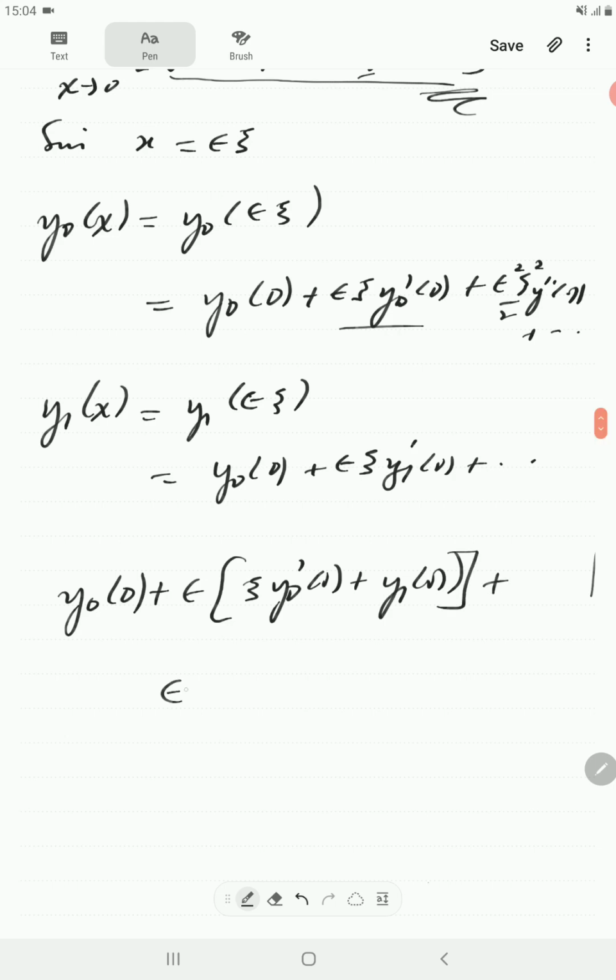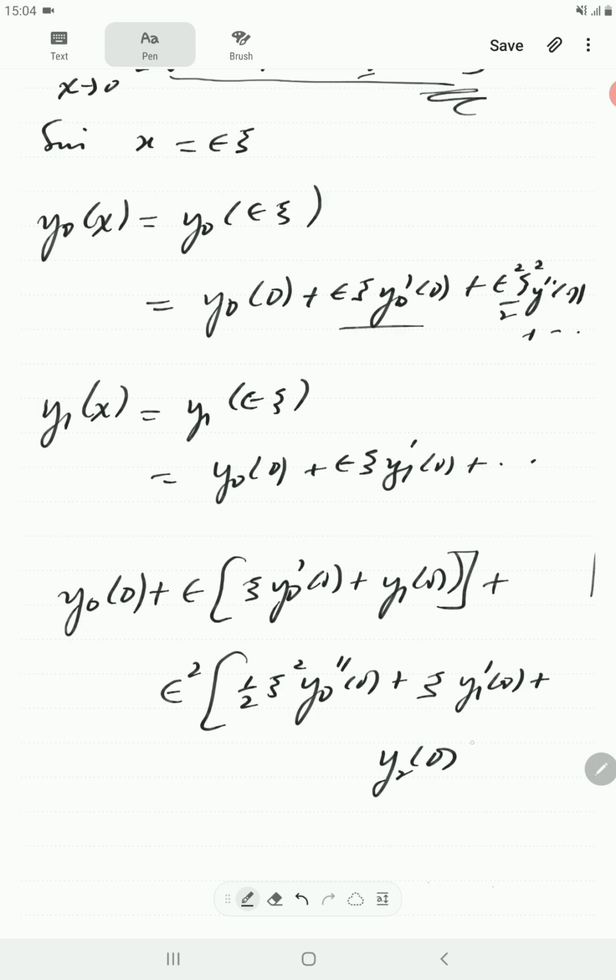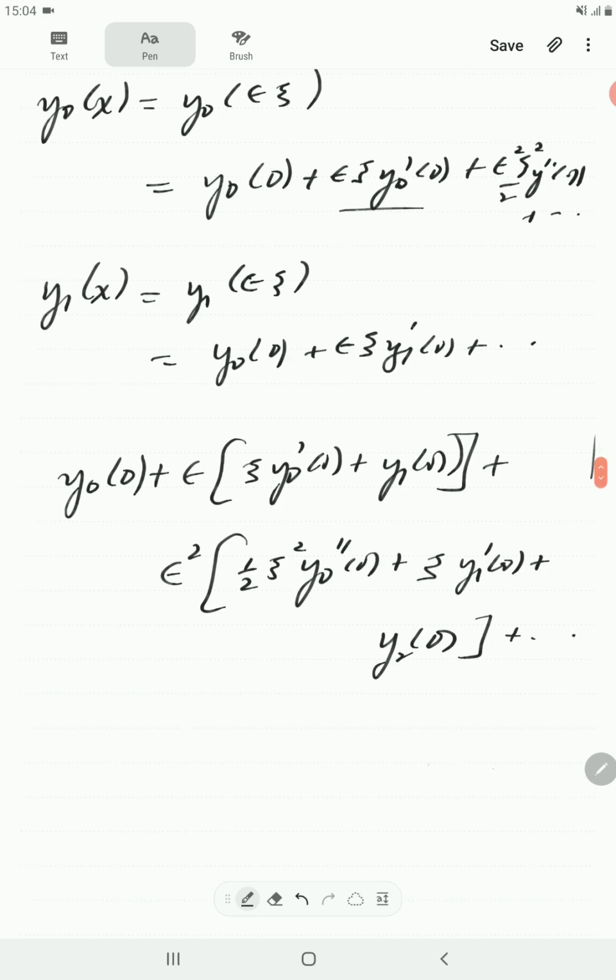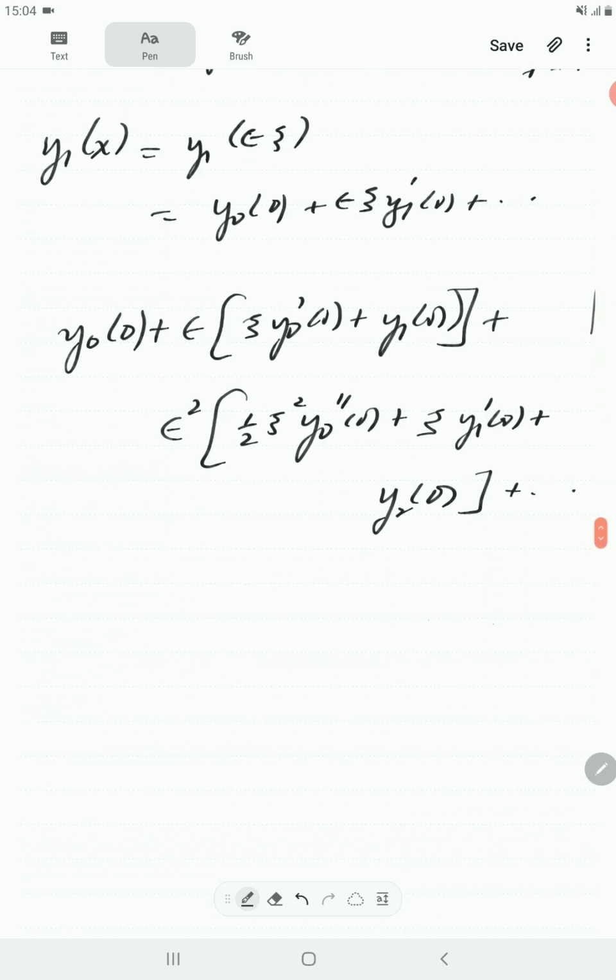And then the terms at order epsilon squared, we're going to have 1/2 xi squared y0 double prime, and then there's going to be xi y1 prime, and then it's going to be y2 at 0, etc. So using these, we can derive the following three equations which we're going to use for matching.